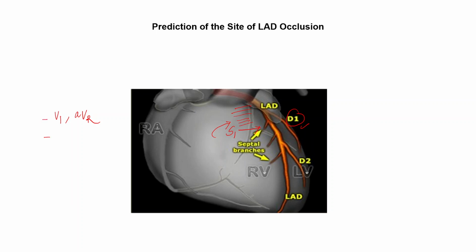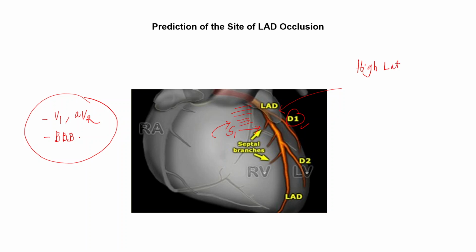Other than that, the bundle branch is also present near the septum, so you may also get bundle branch blocks. You have to remember these findings. If you find significant ST elevation in V1 and aVR, and sometimes bundle branch blocks along with that, you can tell that the occlusion is higher up, above S1, above the first septal branch. Above D1, you can see this is the high lateral section.